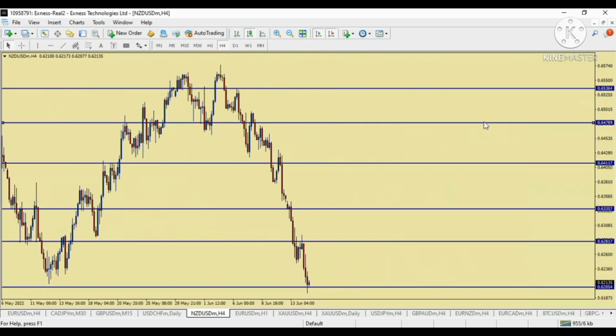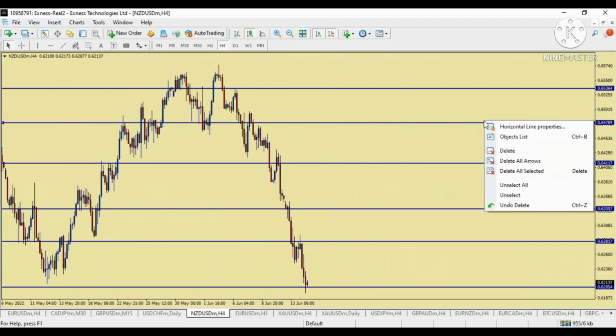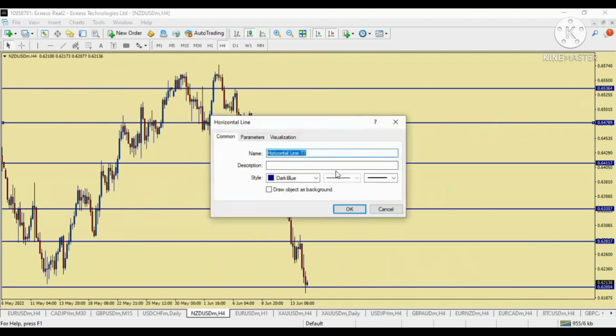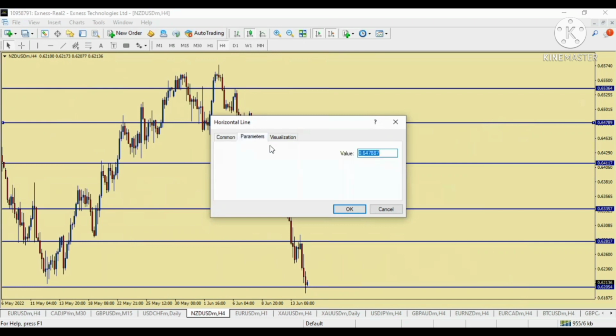Sorry, just a moment. Okay, I don't know if you guys will see this. Then what you'll do is draw a horizontal line. You come to parameters, then you'll enter the value of your round number. Now, what will be the value of your round number? I need to grab a calculator.